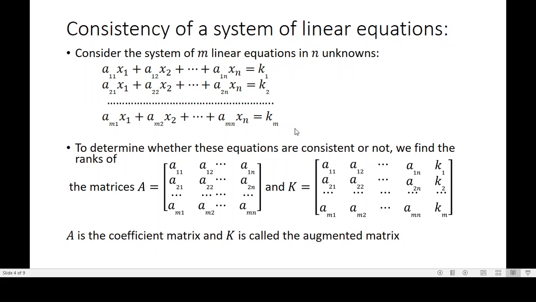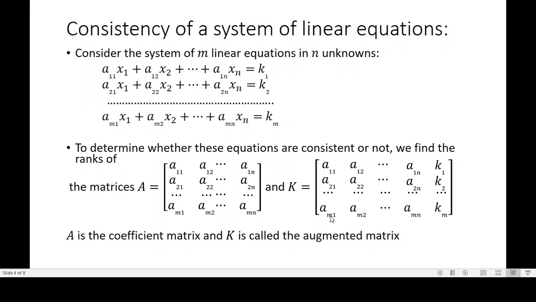and the augmented matrix. That is, we write the matrix A equal to a11, a12, etc. a1n, second row elements a21, a22 and so on a2n, mth row elements am1, am2, etc. amn, and the matrix K is equal to a11, a12 and so on a1n, k1, second row elements are a21, a22 and so on a2n, k2 and so on.